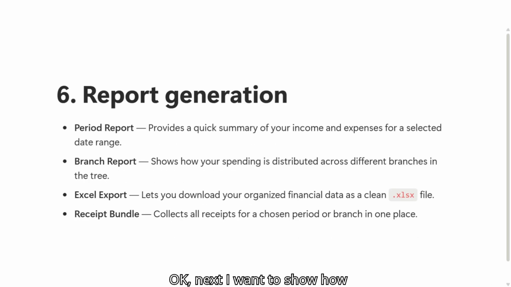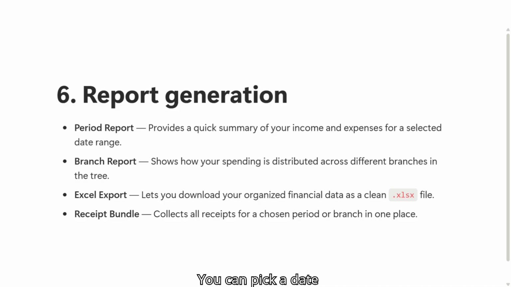Okay, next, I want to show how to create reports. If you like numbers or if you need to share data with someone, this part is for you. First, there is period reports.